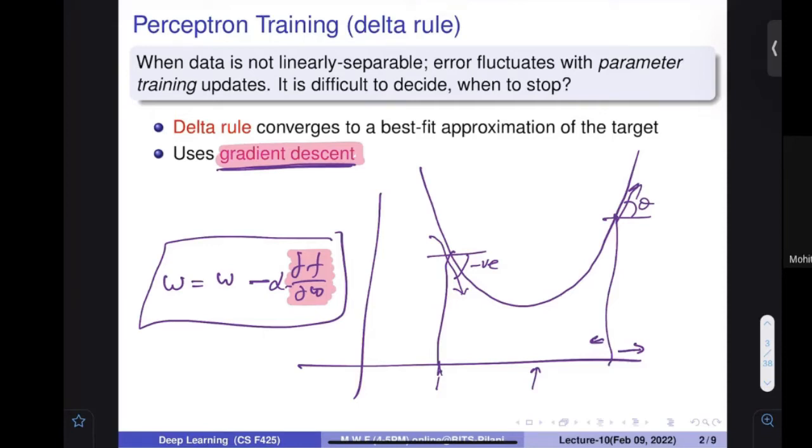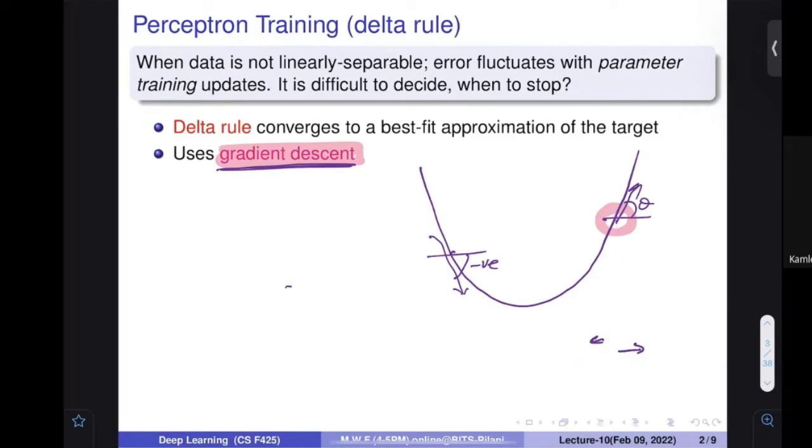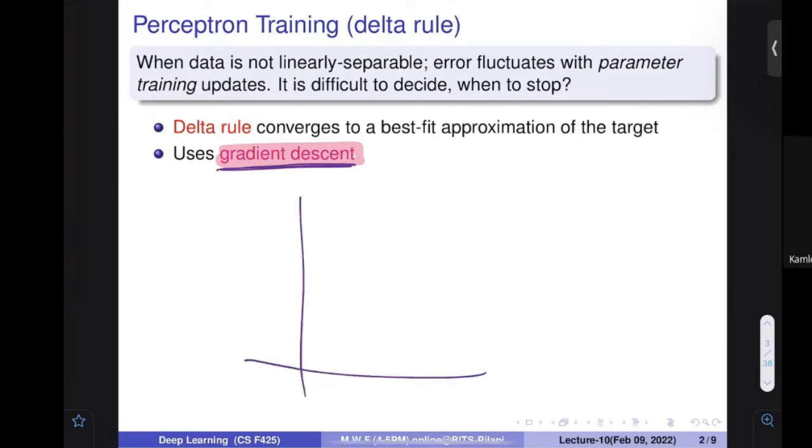No, sir. The error cannot increase, because you have taken the step with respect to the gradient. So if you apply gradient descent, the error is going to be something like this. Let me plot it. The error is going to be like this. So we want to apply gradient descent.